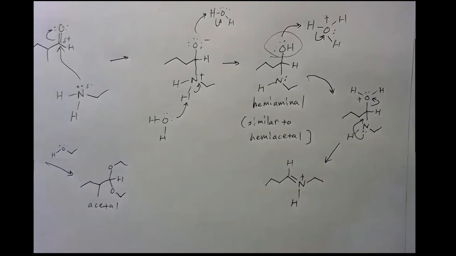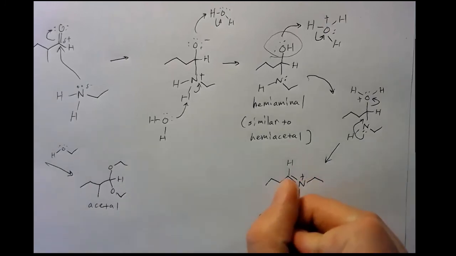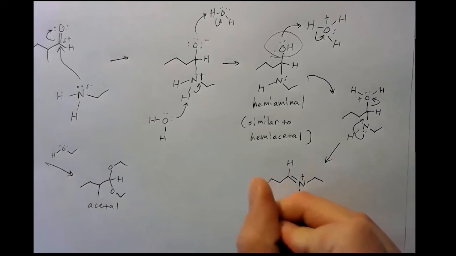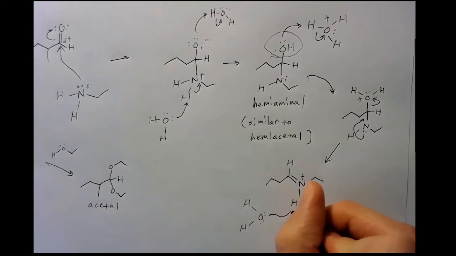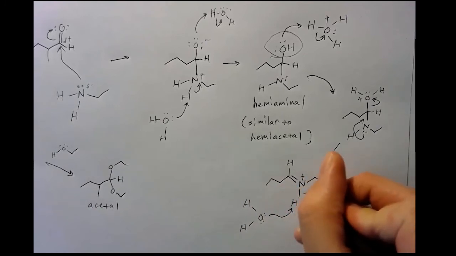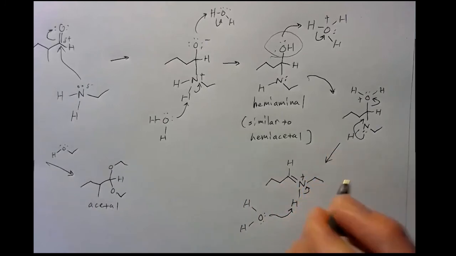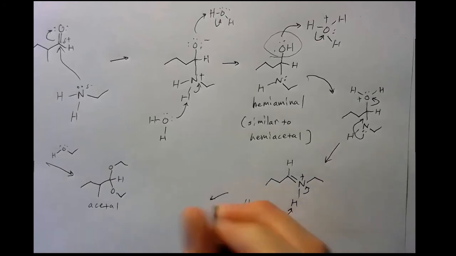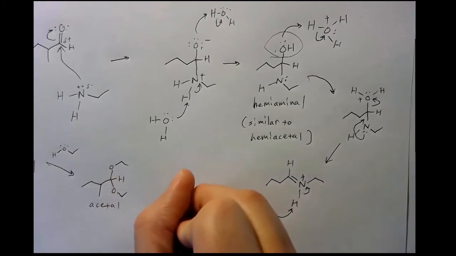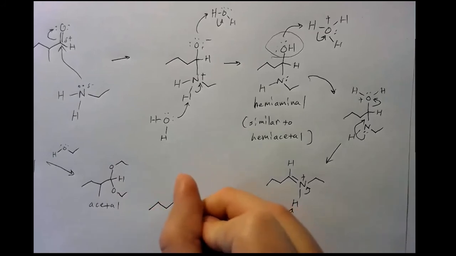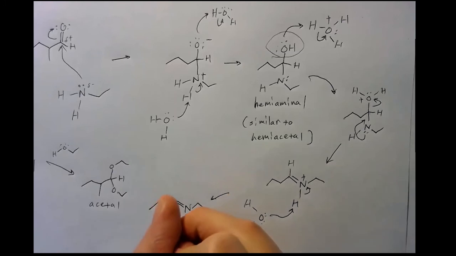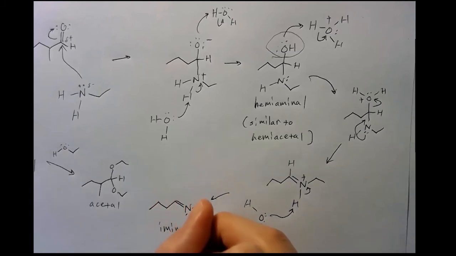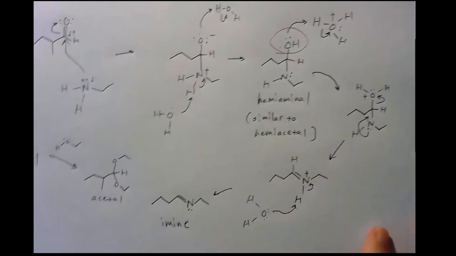Now our nitrogen is positively charged, so to get our final product, we can just remove that hydrogen there in an acid-base reaction. And so our final product is an imine.